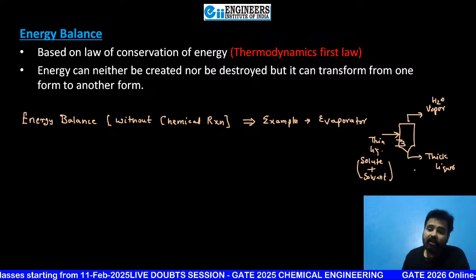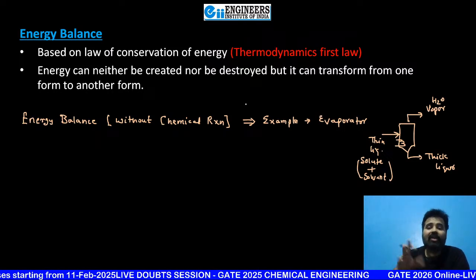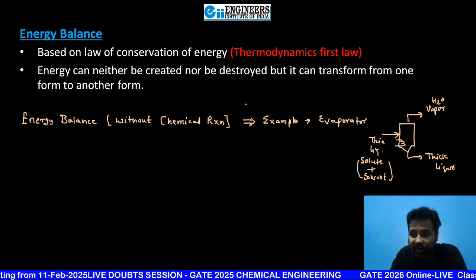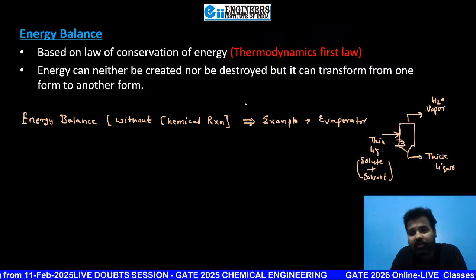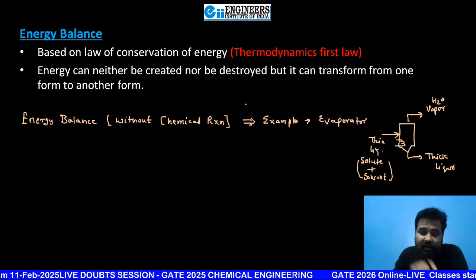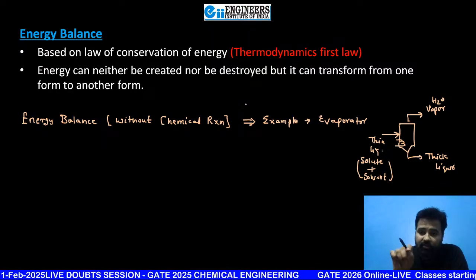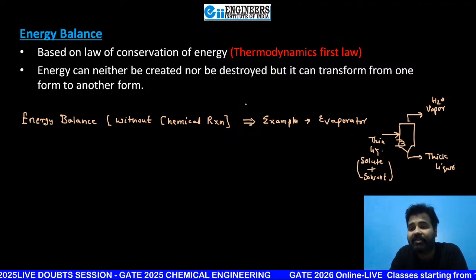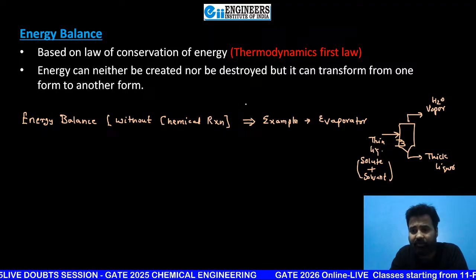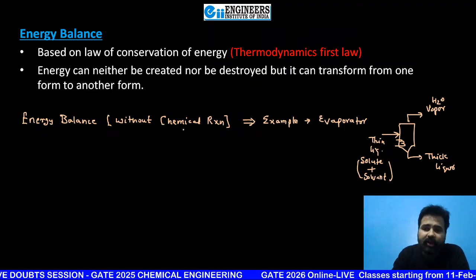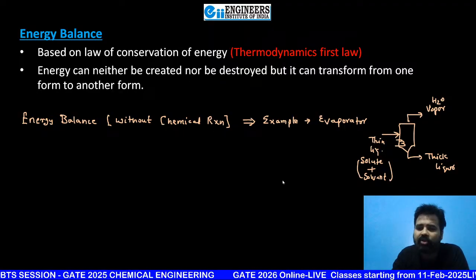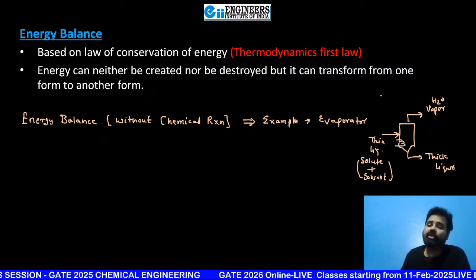So here, if you want to check the energy interaction, you must know how to take an energy balance. Some energy is coming along with your feed, some is entering your evaporator with the help of steam, and it exits with the water vapor and with the thick liquor. That's why, beta, energy balance without chemical reaction and with chemical reaction are both equally important.